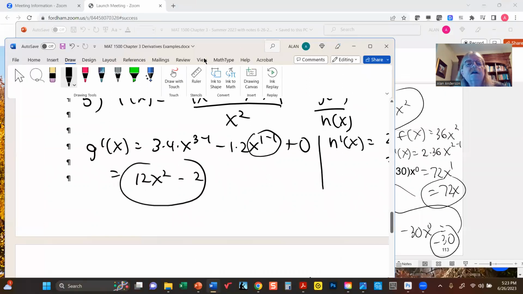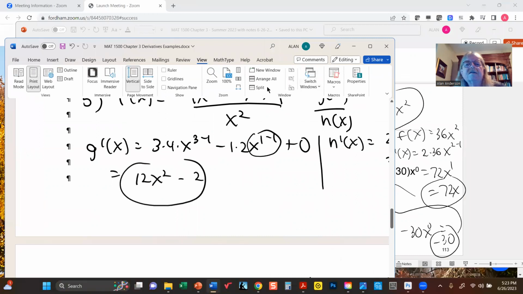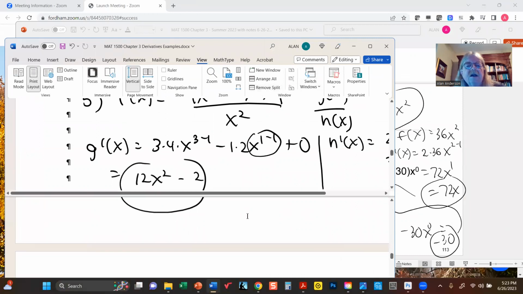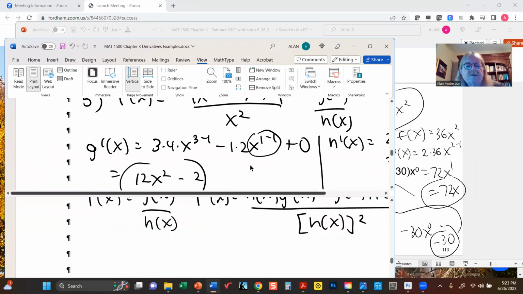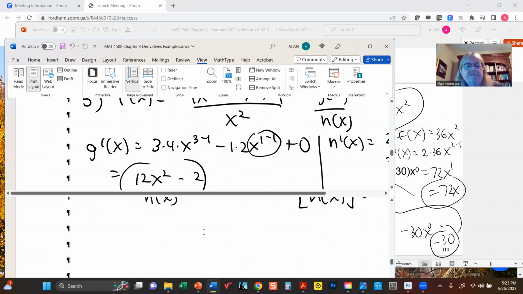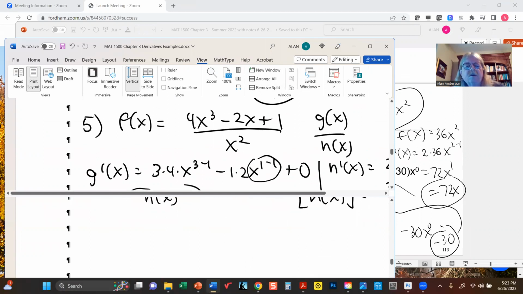This is something that, if you didn't know about it, is very helpful. If you hit the split button, you don't have to keep scrolling up and down. You can see both parts of this document at the same time.